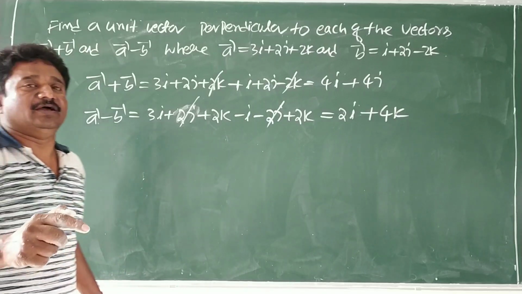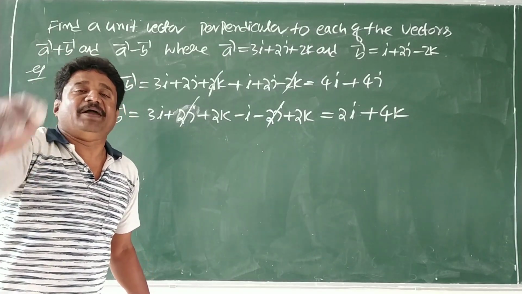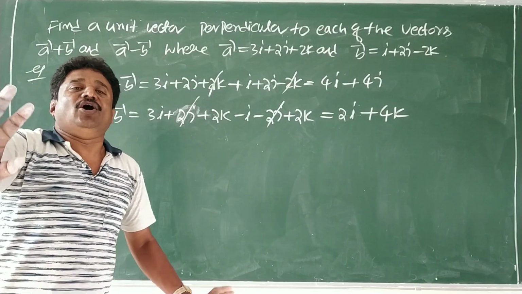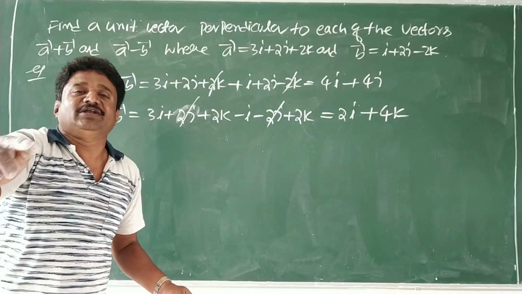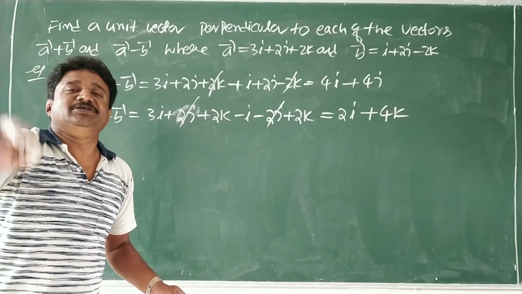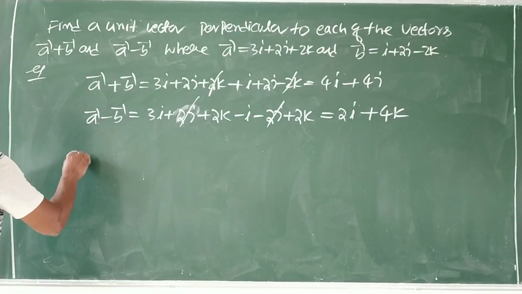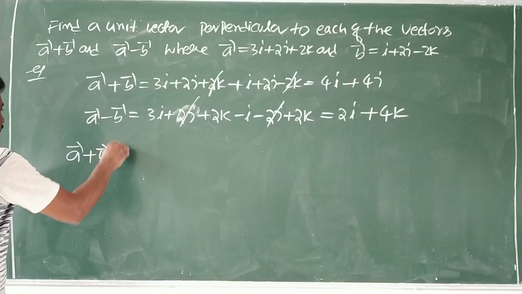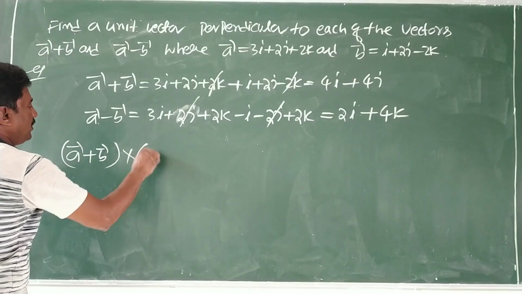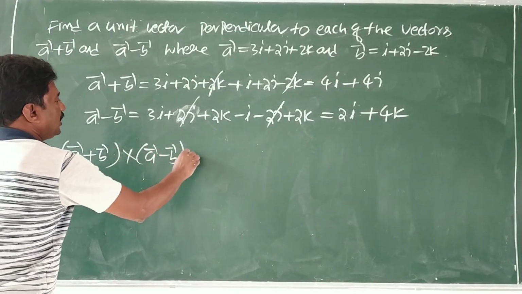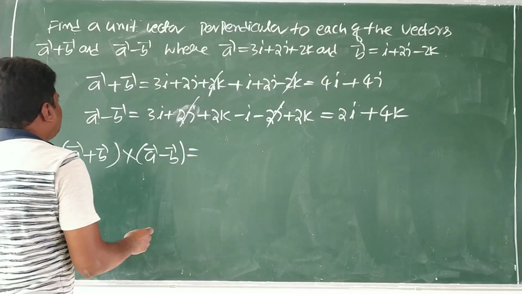If I find the perpendicular vector first, then finding the unit vector is easy. Unit vector means vector by its magnitude. So first you calculate a plus b cross a minus b.